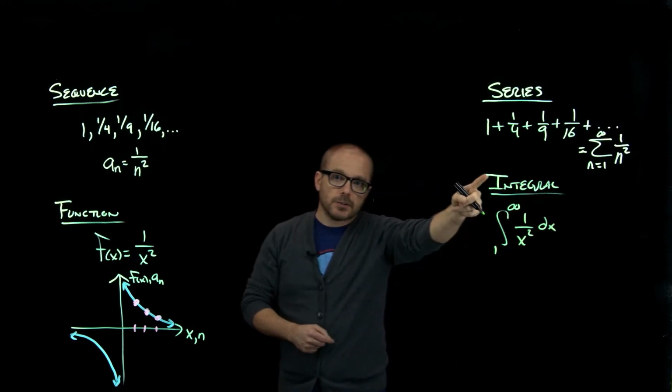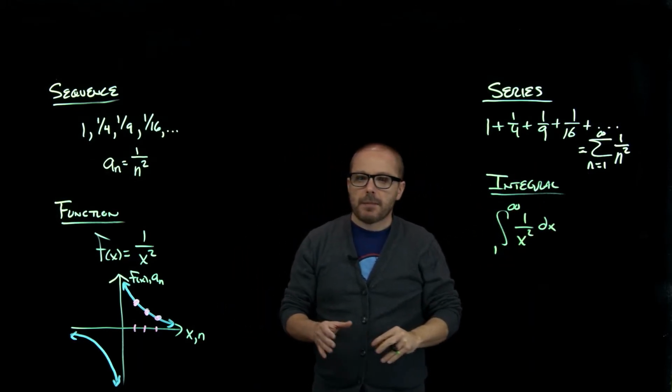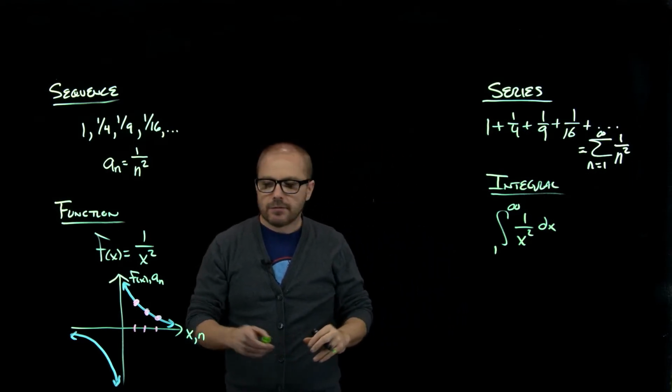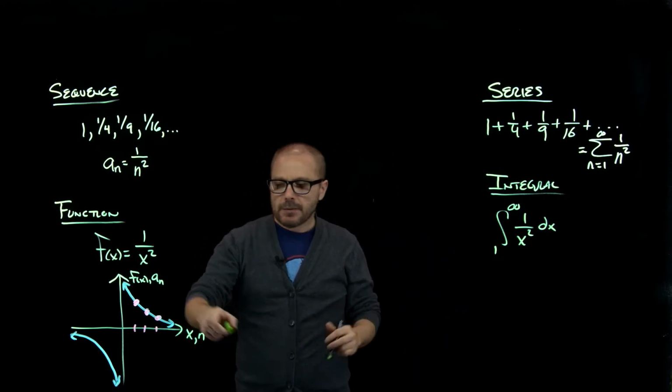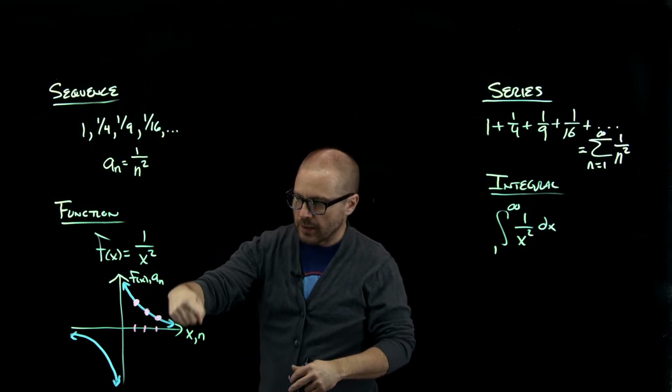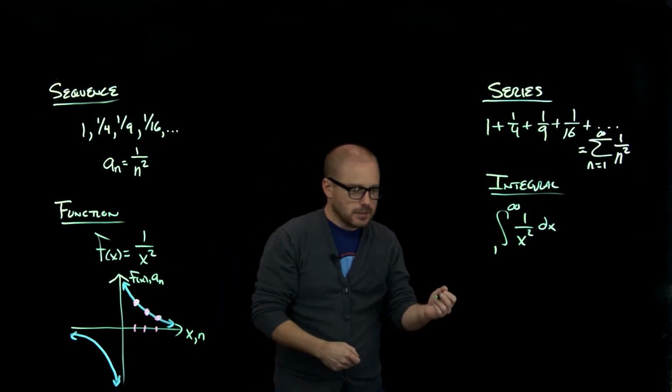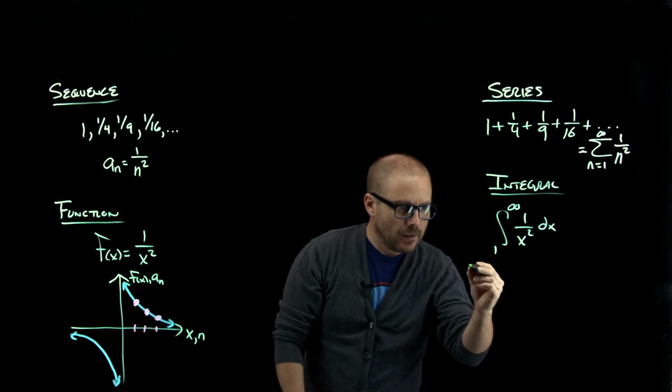These two things are very closely related. It may not be obvious how right at first. Let me redraw this picture, but just focus on the part where the sequence exists. I'm going to draw it again over here.